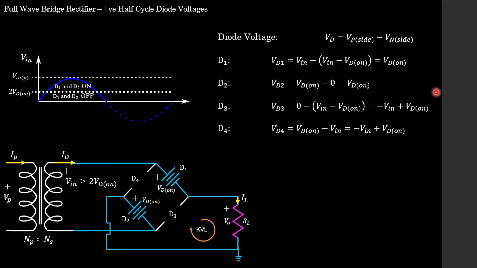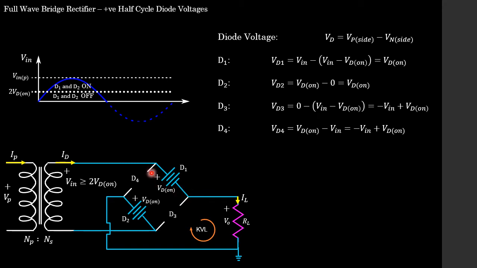Now moving on to diode 3, students, we want to validate that it is in fact off. So for diode 3, if you remember, the P side was on this side over here, and we've already shown that this is our ground reference point of 0 volts. So our P side is at 0 volts. And if we look at the N side of our diode 3, well, we've already calculated or determined what this node voltage is.